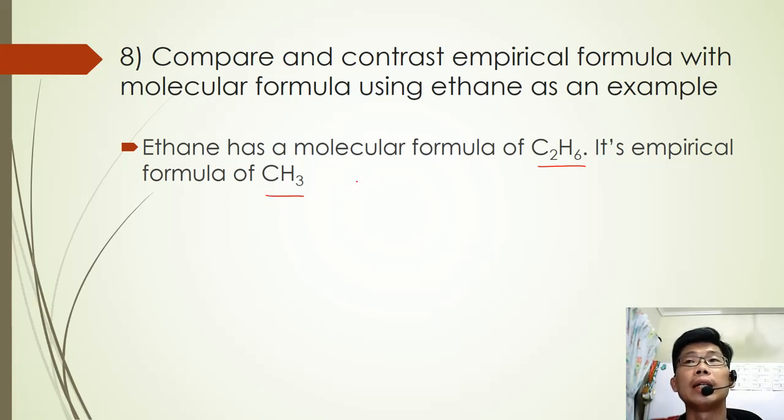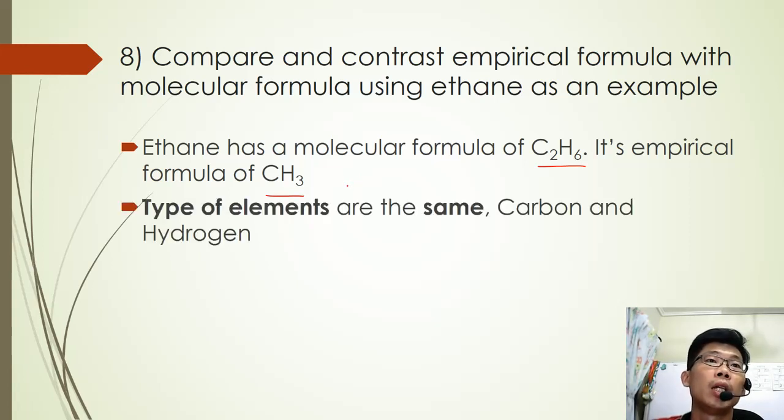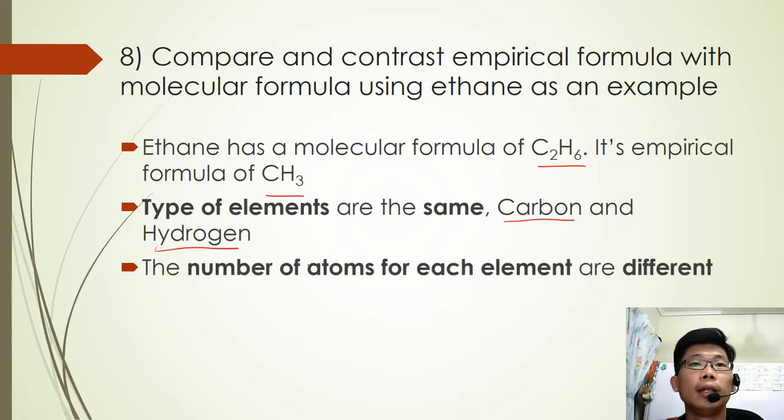What is the similarity of the empirical formula with the molecular formula? The types of elements in both formulas are the same: they are carbon and hydrogen. But the number of atoms for each element is different in the empirical formula and the molecular formula.